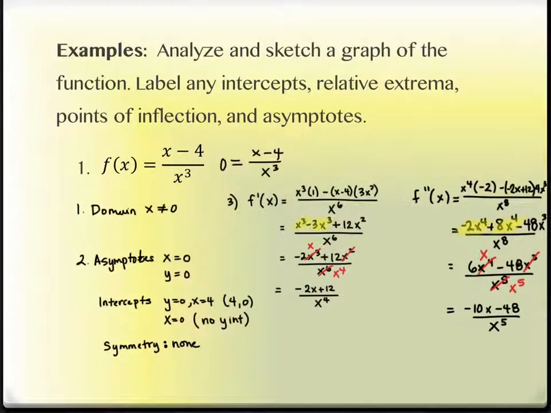Okay, is that better? Yeah. Okay. How about that? 6x minus 48 over x to the 5th. Awesome, that actually matches what's on my paper too, so that's always good.